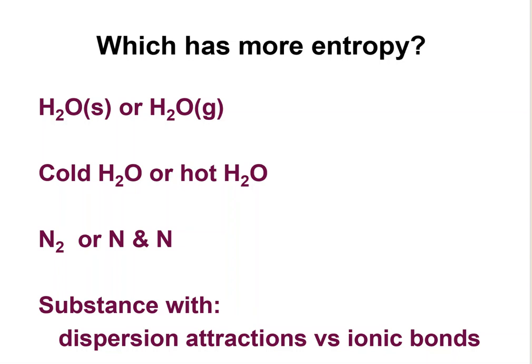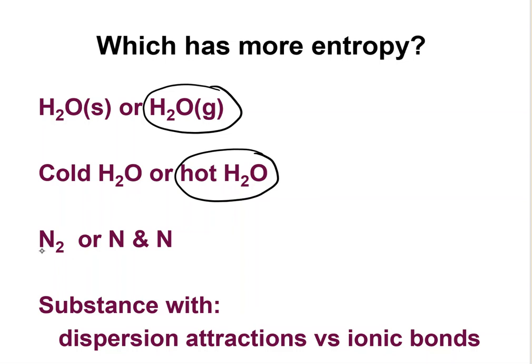So definitely when you compare a solid and a gas, there's more order in the solid, more possible energy states in the gas. When you're comparing temperatures of anything, the warmer it is, the more entropy it has, because when the particles are moving faster, there's more randomness, more possible energy states.